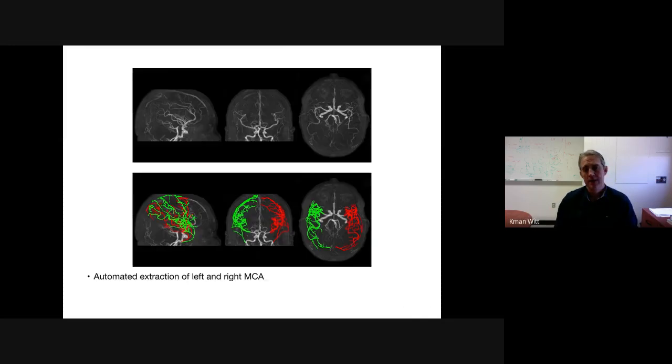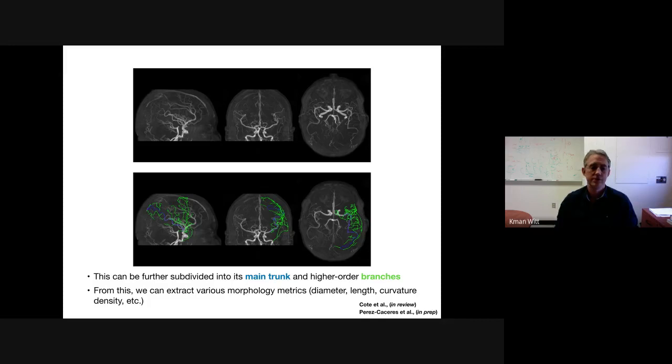So for example, I might be interested in automatically extracting the left and right MCA artery, shown here in green and red, and then focus on the main trunk of the MCA.